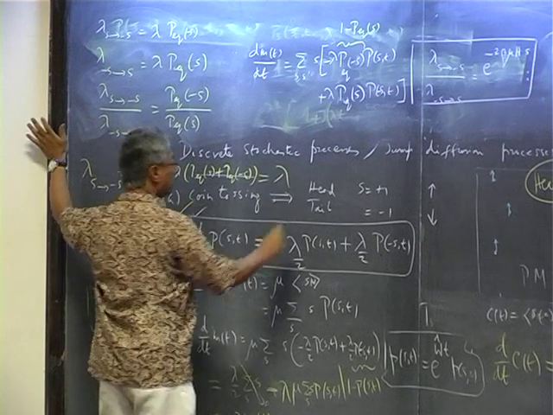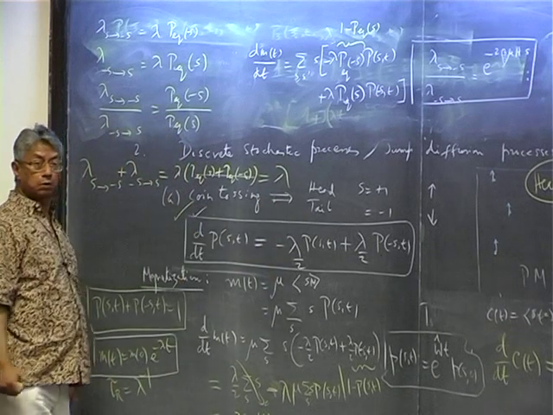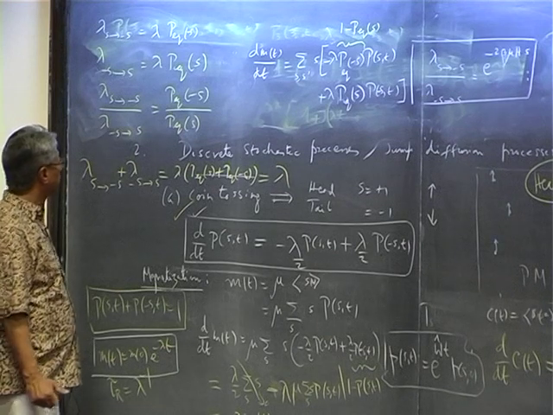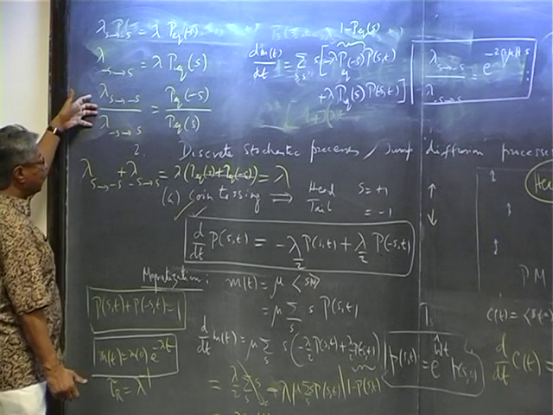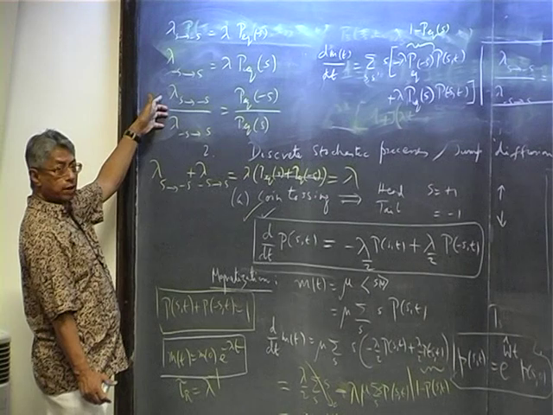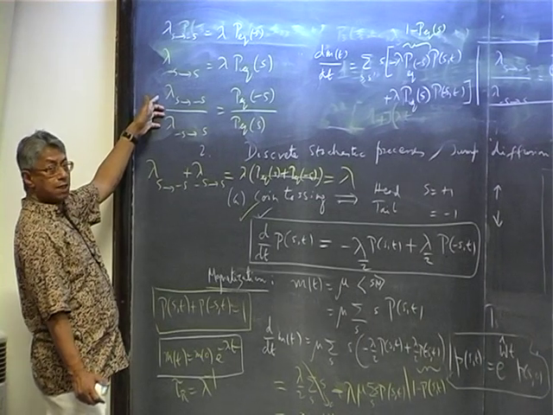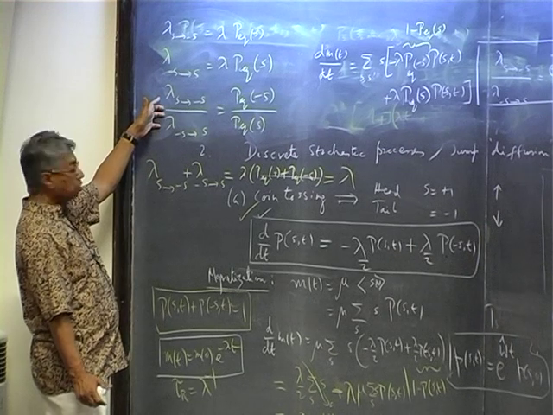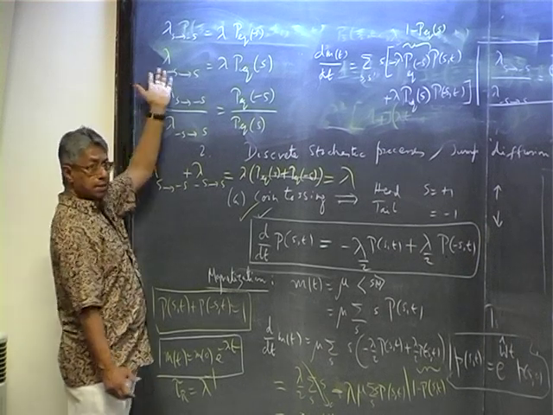So that's lambda. So that's what we wrote down. So detailed balance only fixes the ratio of the two rates. Detailed balance does not fix the individual rates. So from there to here, there's an assumption involved.